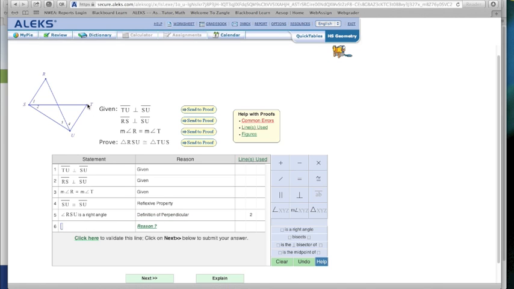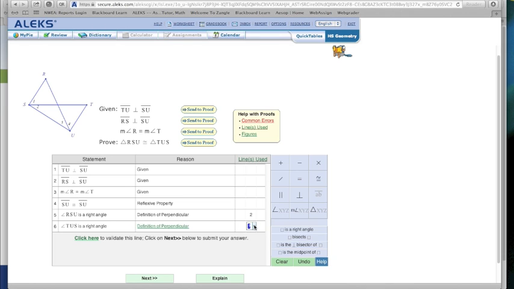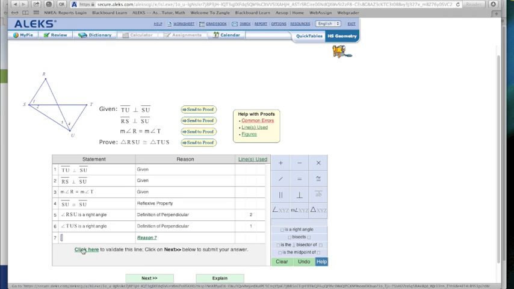And then likewise angle TUS is a right angle, and that's the TU perpendicular to SU statement, which is step 1 here. So we'll go with the definition of perpendicular, and that is step 1 that we're referencing. And so now we have those two being right angles.